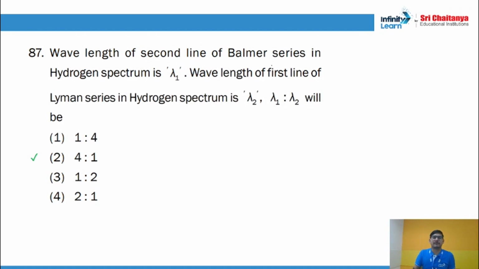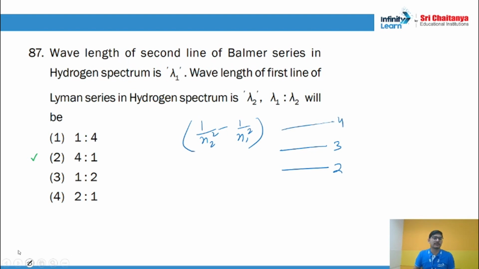Wavelength of the second line of the Balmer series in the hydrogen spectrum is lambda 1. Let us first calculate the bracket quantity, 1 upon n1 square minus 1 upon n2 square. So the second line of the Balmer series. Balmer series is when the electron drops into the second orbit, like Lyman, Balmer, Paschen. So the electron drops into the second orbit. It will start at least from the third orbit, and fourth and so on.